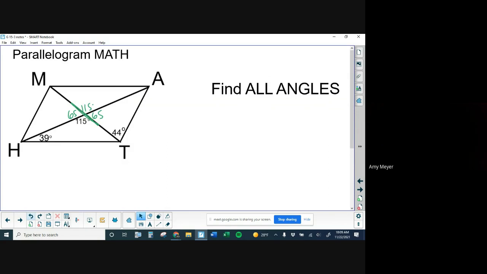Hopefully you notice those. Let me show you something a lot of people forget to see, which is kind of hard and why I really wanted to go over this one with you. I grabbed my highlighter. Because I know these are parallel, let me show you what happens. Parallelogram. Opposite sides are parallel.